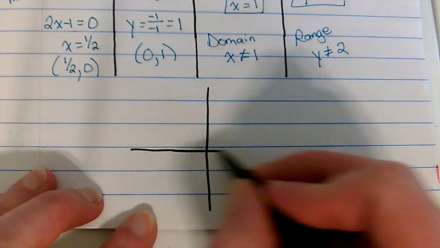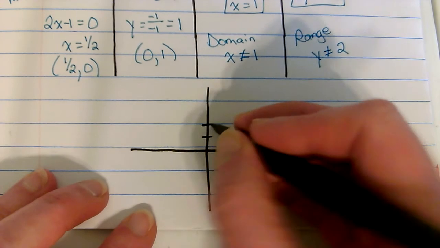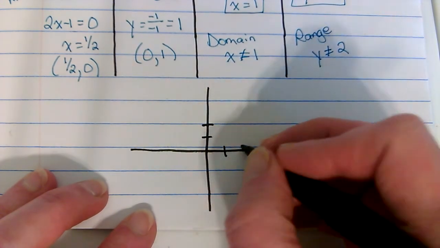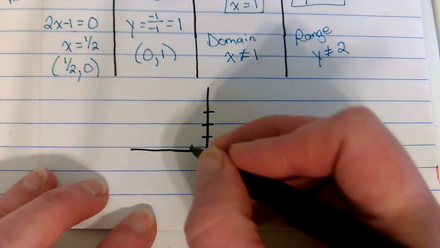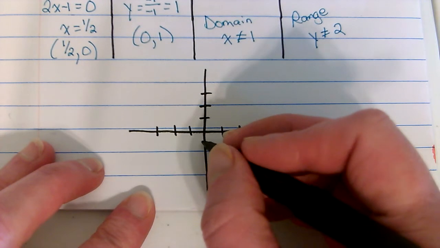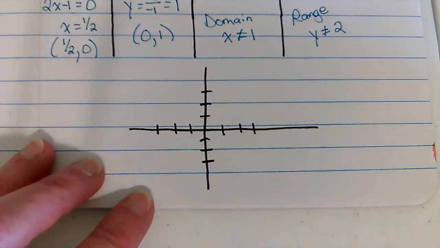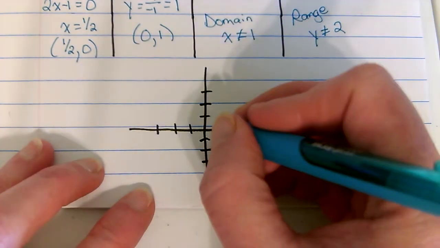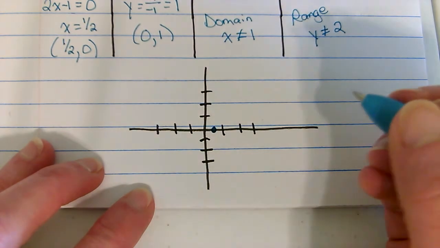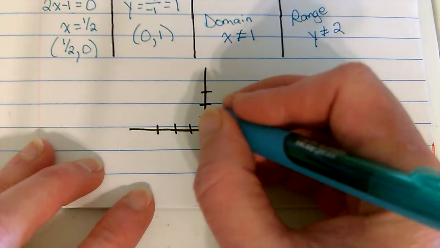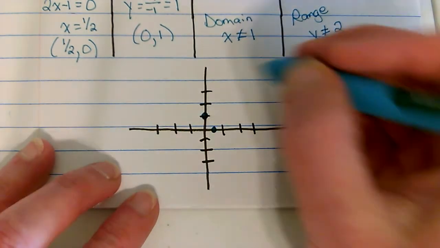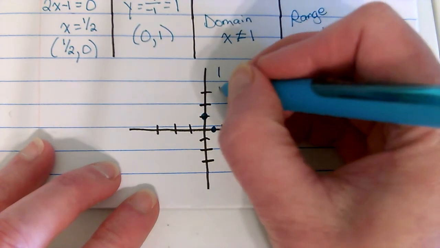Okay. I have an x-intercept at a half. I have a y-intercept at 1. My vertical asymptote is at x equals 1.